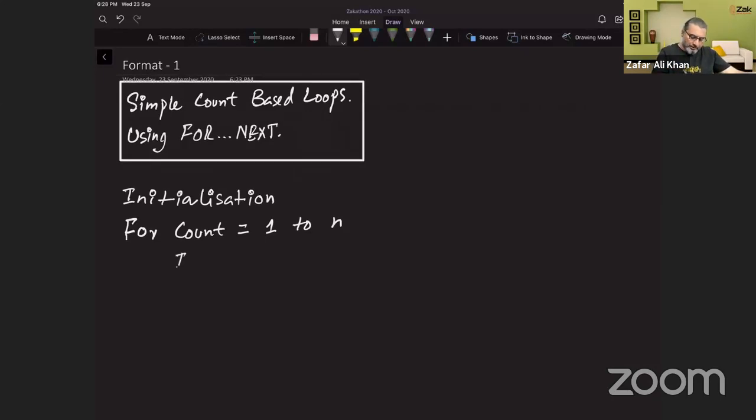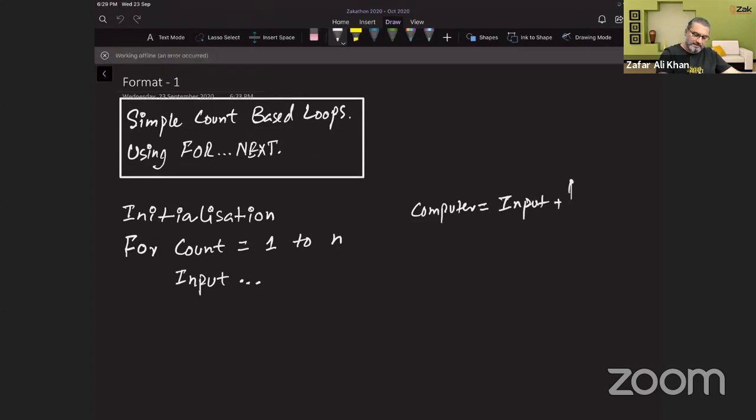After this, we will do input. A computer is equal to input plus process plus output. Sometimes people say that a computer program, when it is executing, is equal to input plus process plus output.